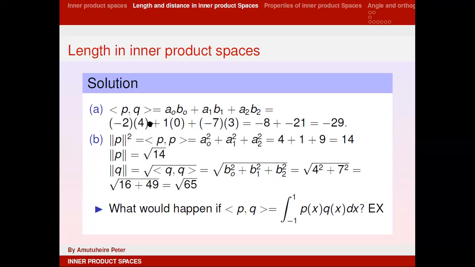What would be the answers in part A and part B? You do that as an exercise. You'll find the inner product of P and Q, the norm of P and the norm of Q using this definition of the inner product, not the one that we used.